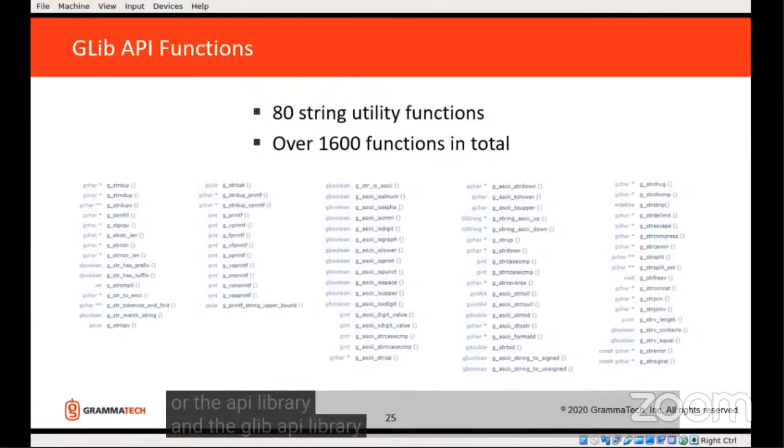The glib API library is a grab bag of various GNOME utility libraries with over 1,600 functions and about 80 string utility functions, and manually writing specifications for all 1,600 of these is a very daunting task. And moreover, the correct API usage can actually be quite subtle.